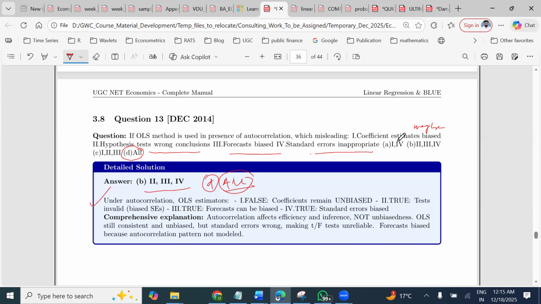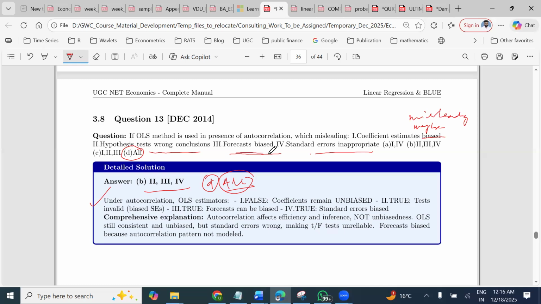First one is coefficient estimate may be biased. The statement is coefficient estimate may be misleading, not biased. Misleading means bias. Second is hypothesis test will give you wrong conclusion; hypothesis test could reach the wrong conclusion.